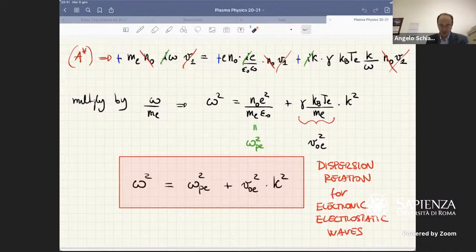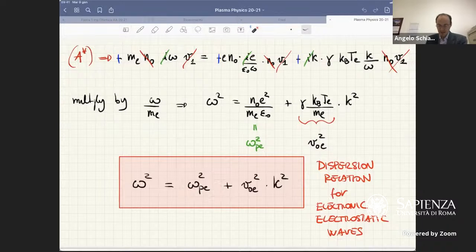And we recover the dispersion relation that we introduced at the beginning when we were studying this relation. So we notice the presence of the plasma frequency here.